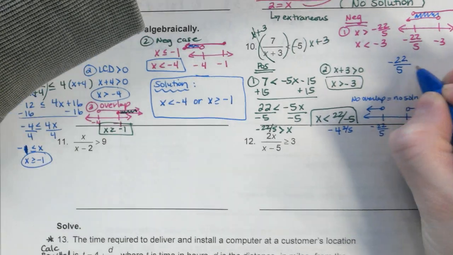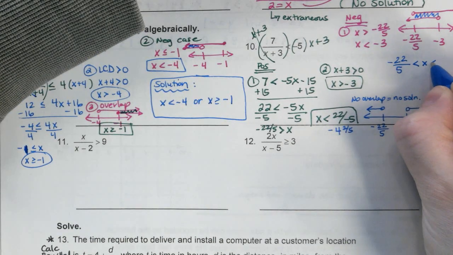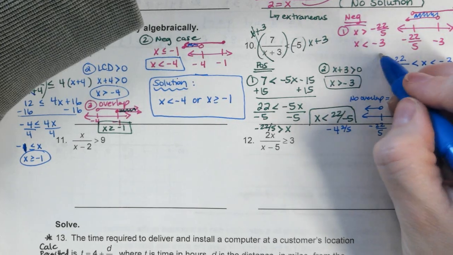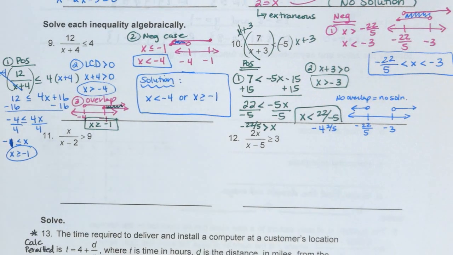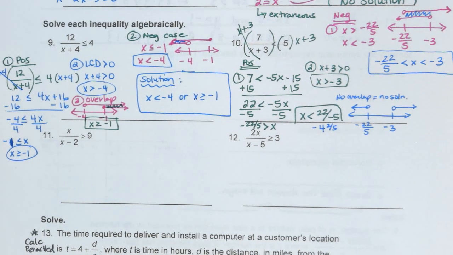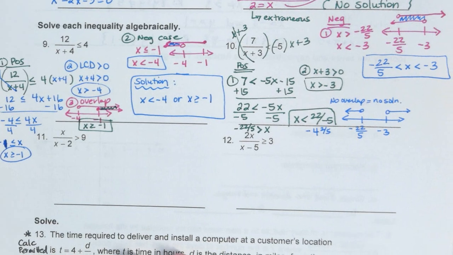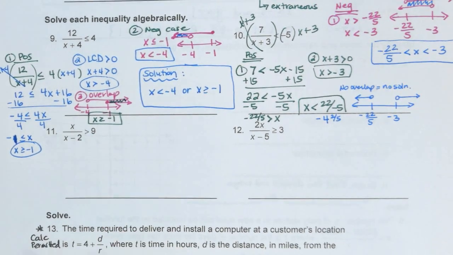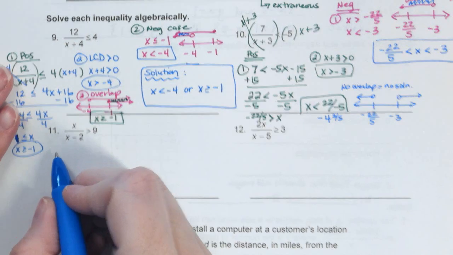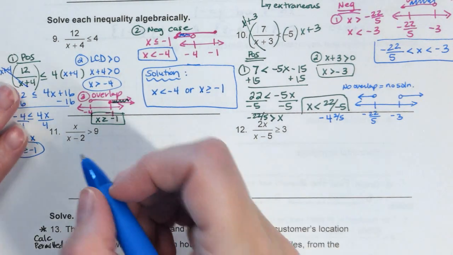So negative 22 over 5 is less than x, which is less than negative 3. There's no equal to in this one, okay? And that's because this one doesn't have an equal to. Okay, and then number 11.